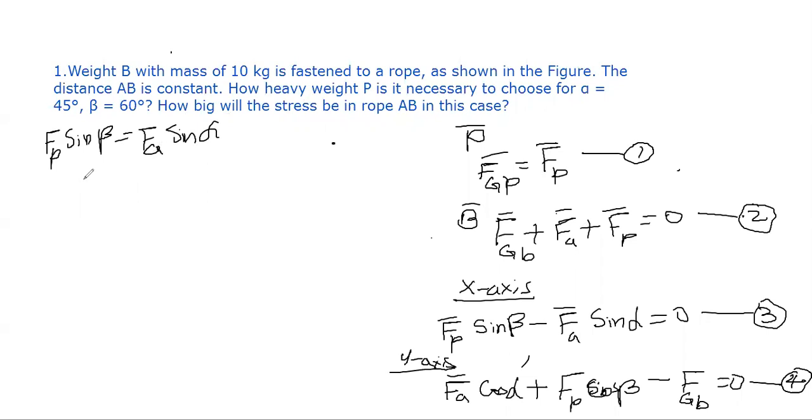From this we can calculate Fa is equal to Fp times sin beta divided by sin alpha. So this is our equation number 5. Now we have 5 equations.